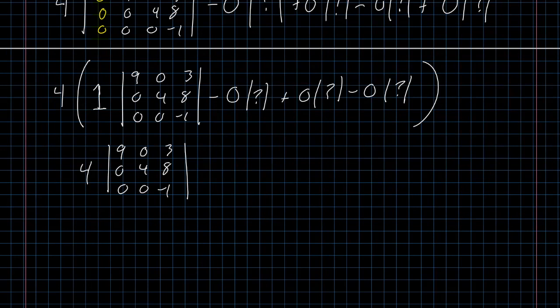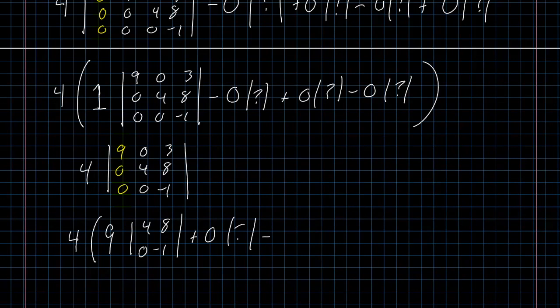And we can keep doing this. Go down that first column again, and we will have 4 times 9 times the determinant of a 2 by 2 matrix, 4, 8, 0, negative 1, minus 0 times the determinant of a 2 by 2 matrix. I'm sorry, that should have been a minus.